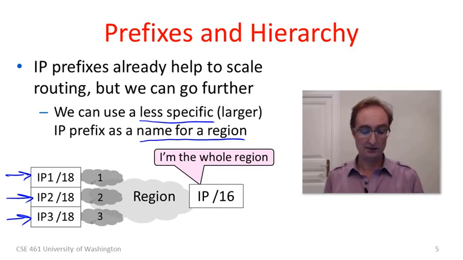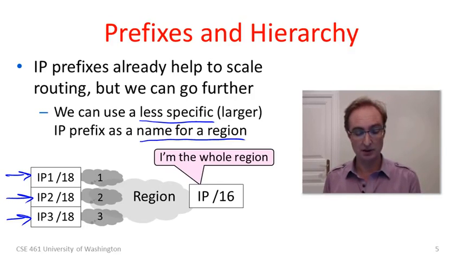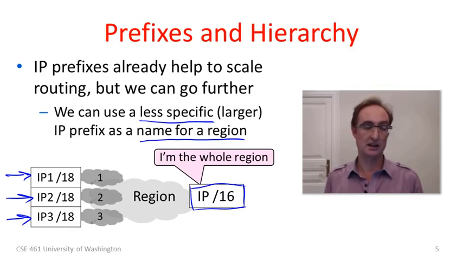However, if the circumstances are right, what I can do inside the network is refer to all of these 3 prefixes by the one larger enclosing prefix, a /16. This is a less specific prefix. A /16 actually has room for 4 /18s, so we won't always be able to use a larger prefix to name a region in which all of these prefixes reside.